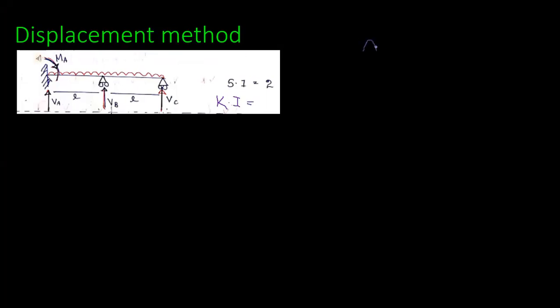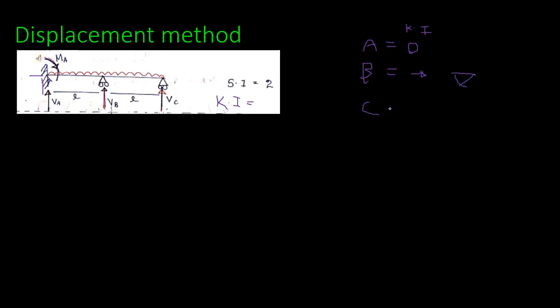At A, unknown displacements are zero, right? We know the x displacement, y displacement, and the rotation are zero. At B, you have this displacement and the rotation, right?